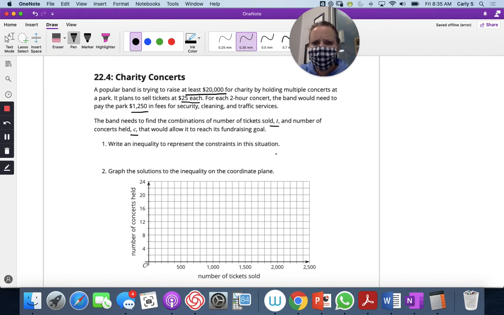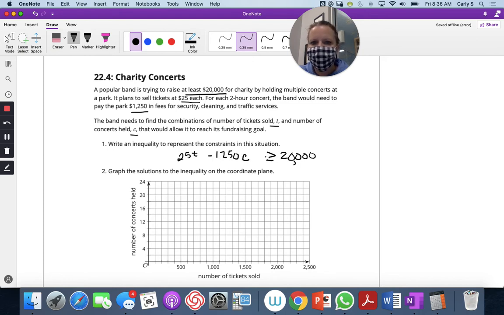So they're trying to raise at least $20,000, so I can start there. Now what are we doing? Tickets at $25 each, and it has to pay the park $1,250 per 2 hours, for each concert.